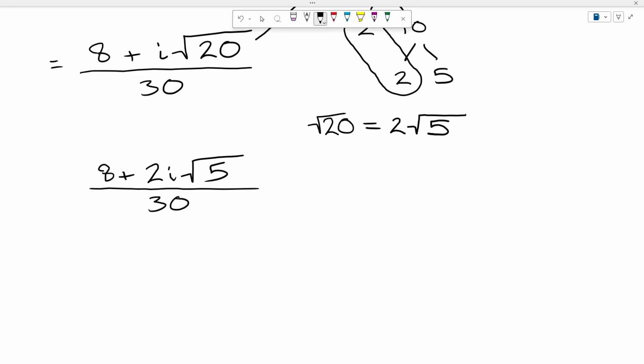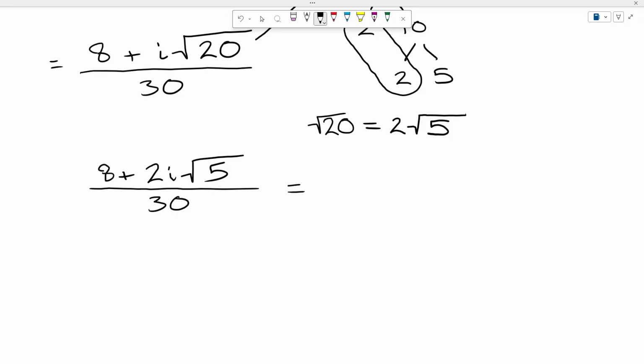If we were to divide everything by 2, if we were to factor out a 2, divide everything out, we could simplify this down a little bit, and at least that would get us just an i out front.